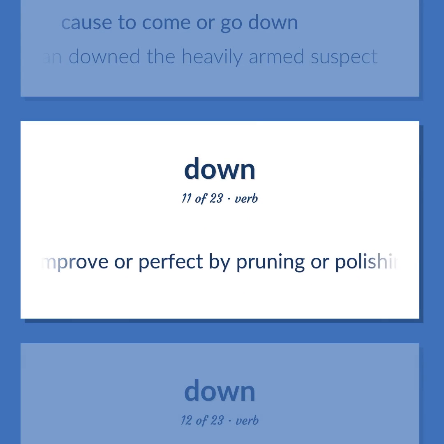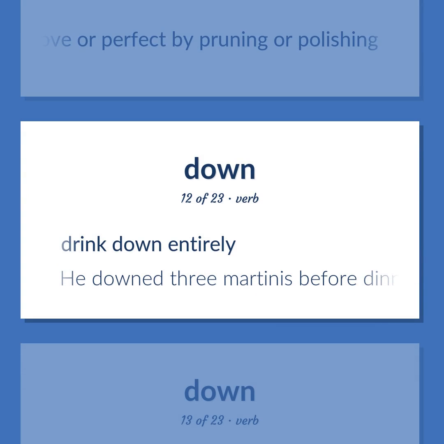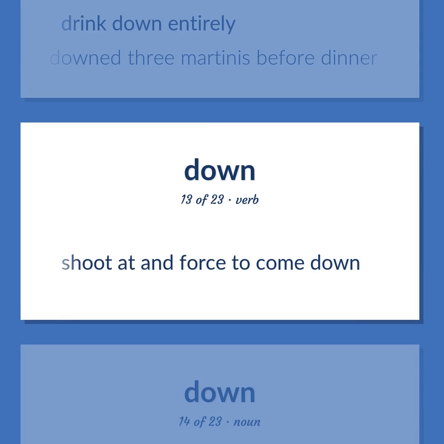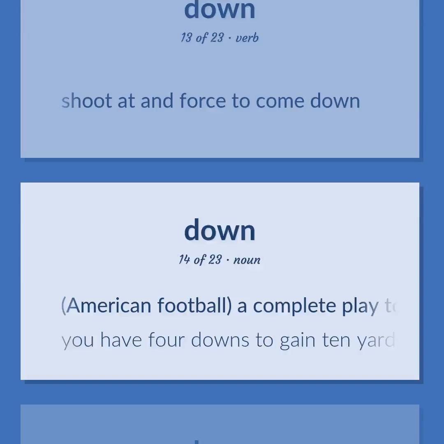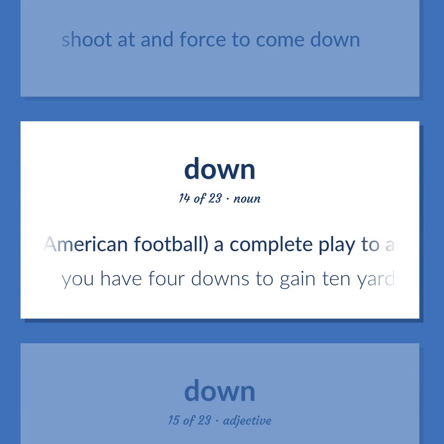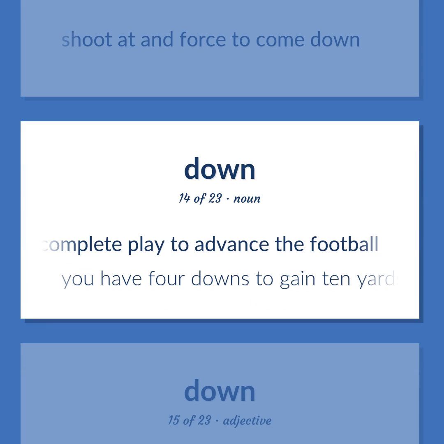Improve or perfect by pruning or polishing. Drink down entirely. He downed 3 martinis before dinner. Shoot at and force to come down. American football. A complete play to advance the football. You have 4 downs to gain 10 yards.